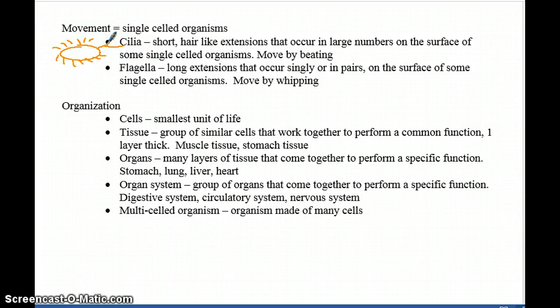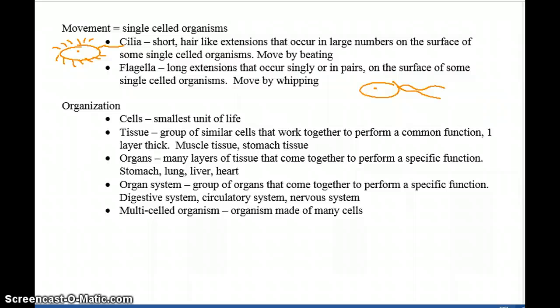There's the cilia. The flagella is like a tail. Sometimes there's one flagella, sometimes there could be two flagella, but the flagella will whip to help this unicellular organism move. The cilia will kind of beat like a beater on a mixer to help this unicellular organism move around. That's all of our organelles.